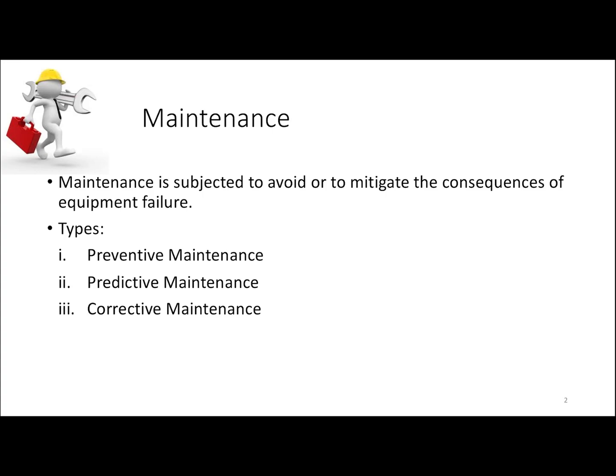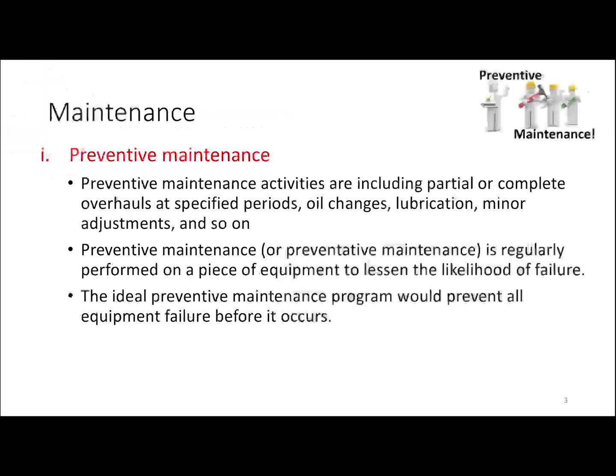Okay, in general, there are three types of maintenance. First is preventive maintenance. Second is predictive maintenance. Third is corrective maintenance. Preventive maintenance includes activities such as partial or complete overhauls at specified periods, such as oil change, lubrication, modification, minor adjustment, and so on.